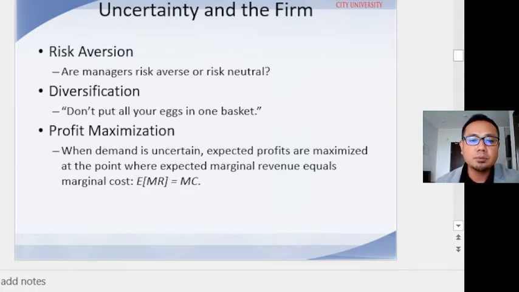A convenient way to do this is to use a mean variance analysis, as the next demonstration problem can illustrate. So that's the difference between the risk averse and risk neutral manager.